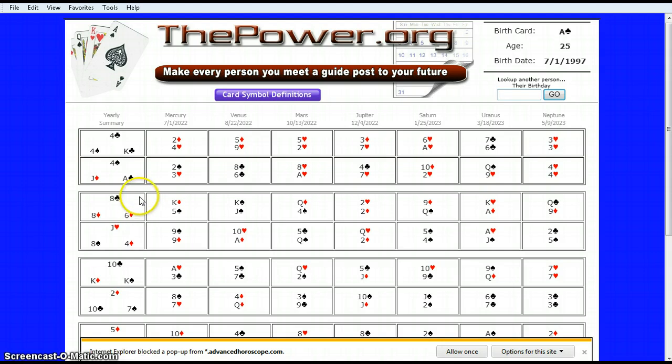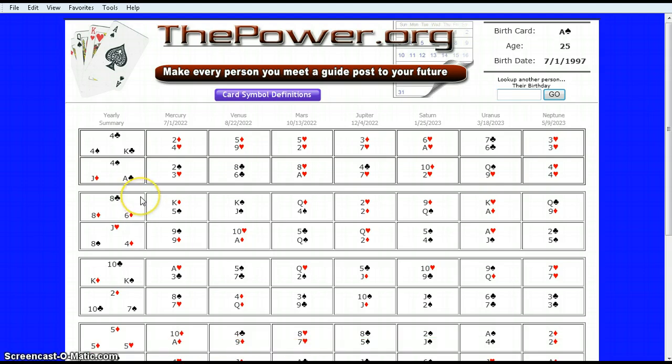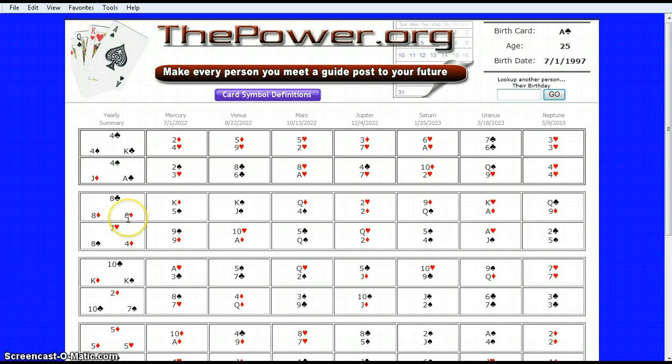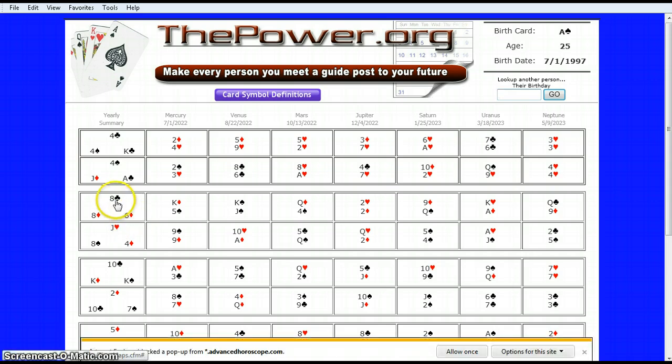Now, in some cases, you may find that the same person is identified as 2 of the 3 cards in the box. Whenever that happens, then we only read the definition of the remaining 3rd card. So in this example, let's just say that someone is identified as this 6 of Diamonds and also identified as that 8 of Clubs. Then the only card we would read is the 8 of Diamonds.